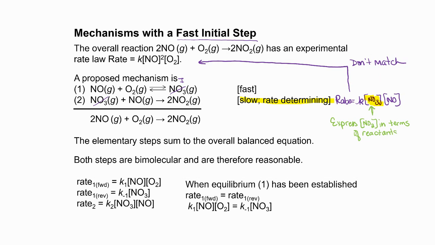And the only way I'm going to be able to do that is to go back up to my fast step. The way I'm going to do this is I go back to the fast step that precedes it, and I'm going to say, okay, the rate of the fast step is K times NO times O2.